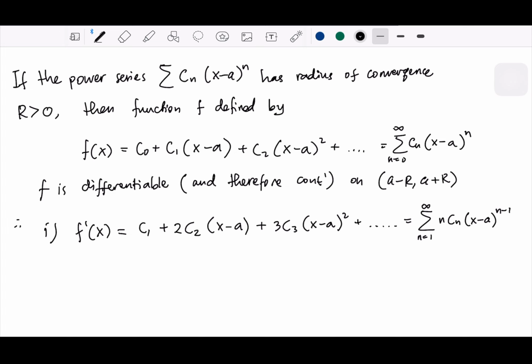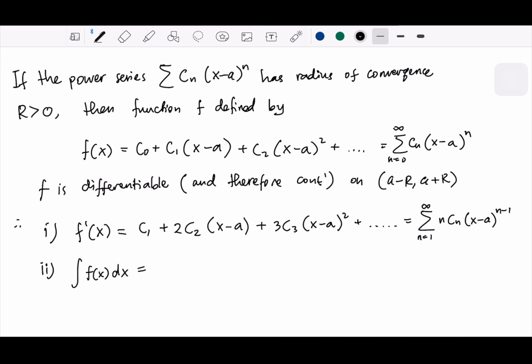And then because we can differentiate, we can also think about whether we can integrate. So integrate f of x. By integrating, we will add another constant.